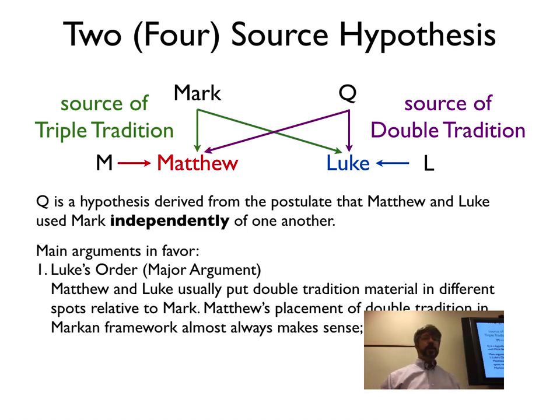So how does this support the idea that they don't know each other? Because of how they put it in different places. Yeah, and if Luke is using Matthew, surely at some point, especially since Matthew makes so much sense, he would have said, you know what, that's a good place for that paragraph.